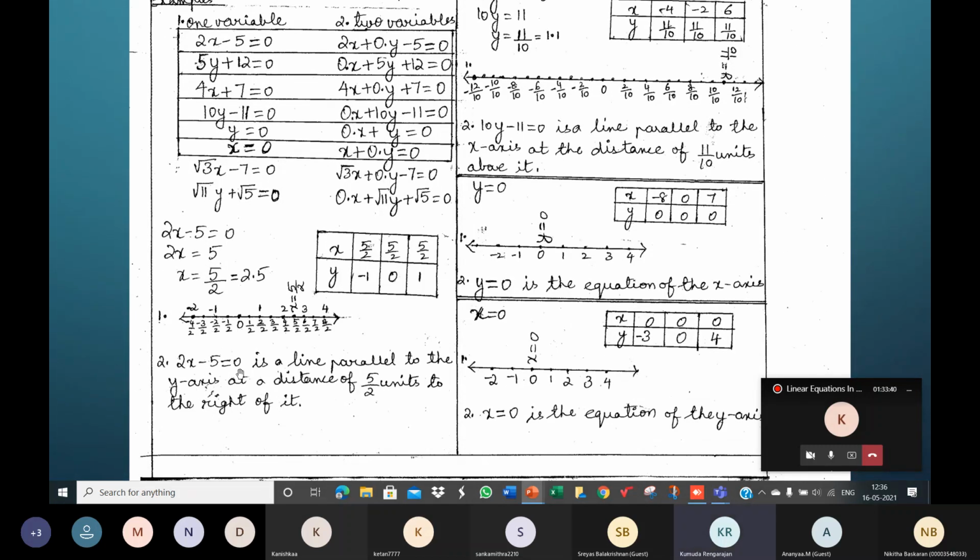Please follow the pointer. When you treat this equation as an equation in two variables x and y, it is a line parallel to the y-axis at a distance of 5 by 2 units to the right of the y-axis.